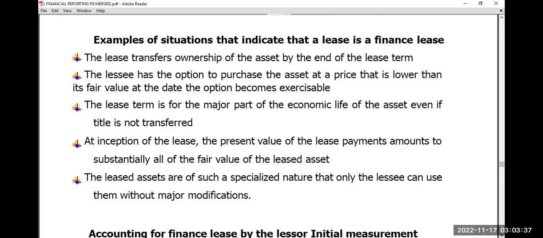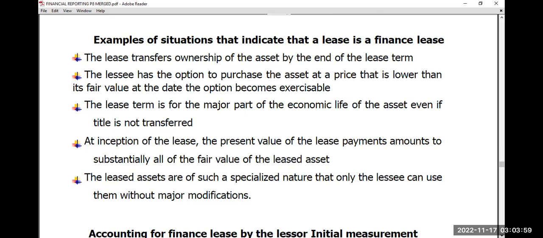Then the fourth point we can look at is that at the inception or commencement of the lease, the present value of the lease payments amounts to substantially all of the fair value of the leased asset.